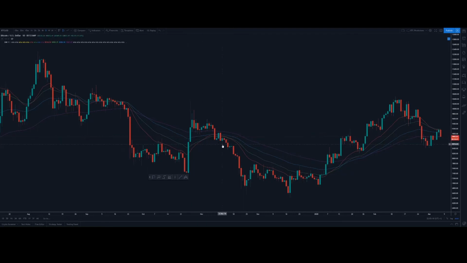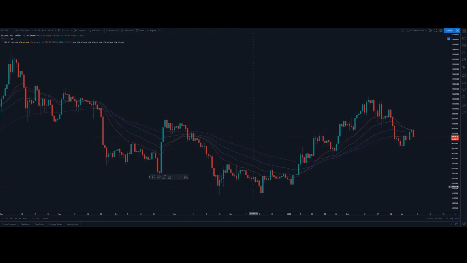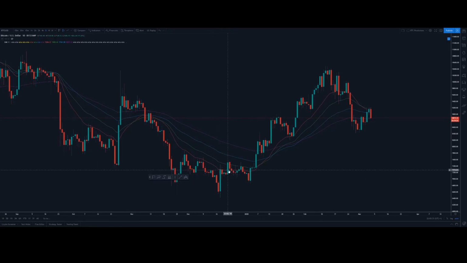That led to a pretty quick downtrend, and it kept this line as resistance until it went through, and then it went up again.